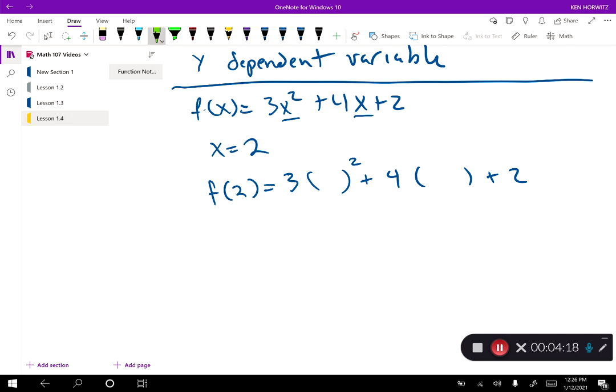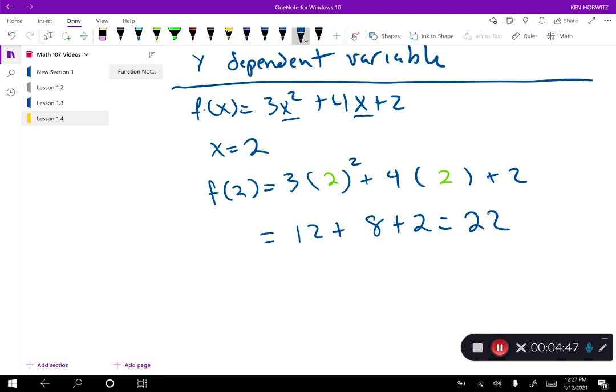Now, what am I going to plug in? Every time I saw an x, I told you I was going to plug in a 2. So 2 squared is 4, times 3 is 12. 4 times 2 is 8, plus 2. And the whole thing equals 22. So that's what the value of y is.